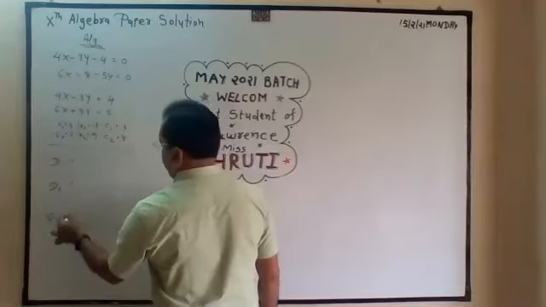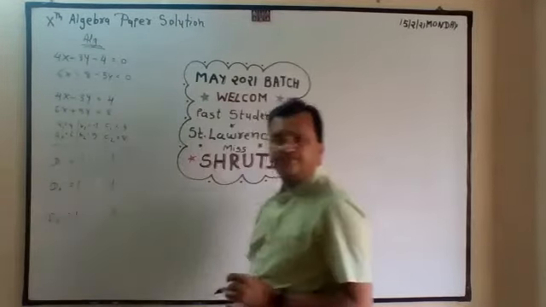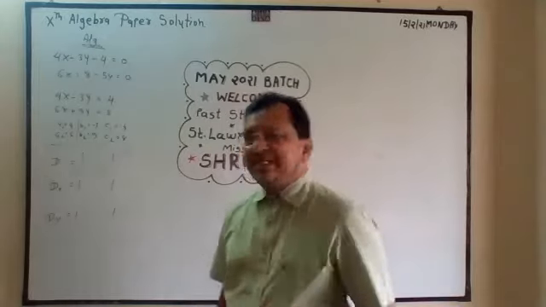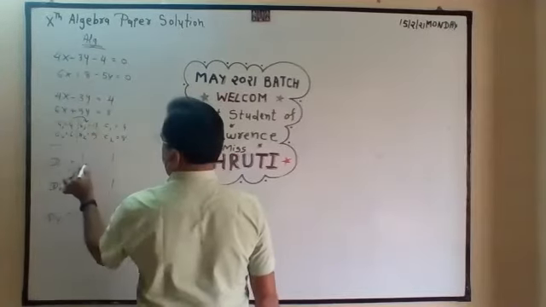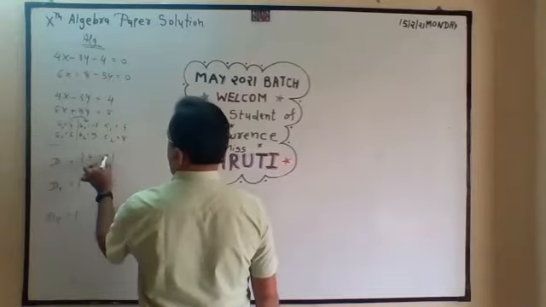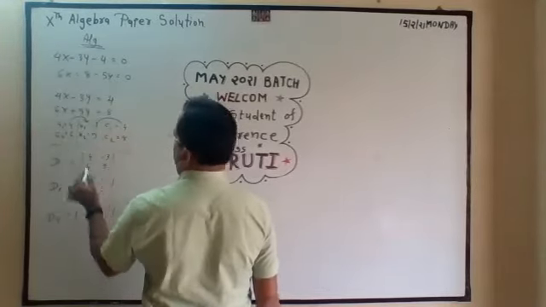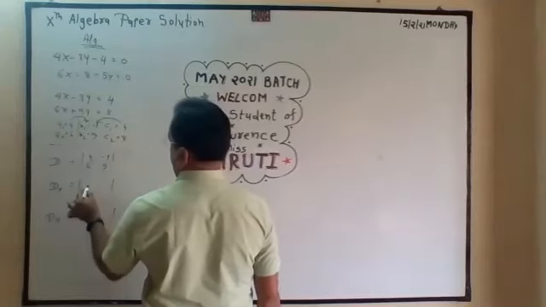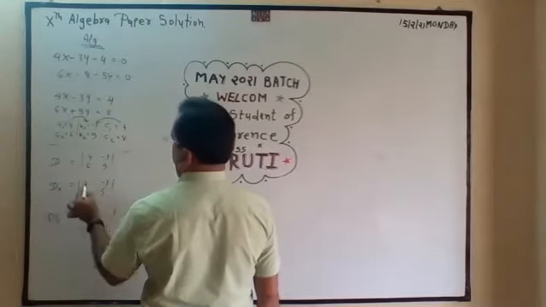D, Dx, Dy. Correct. D means this: 4, 6, minus 3, 5. D, then Dx from this to this. See the arrow. 4, 8, minus 3, 5.